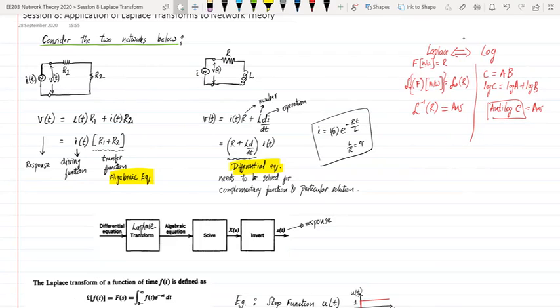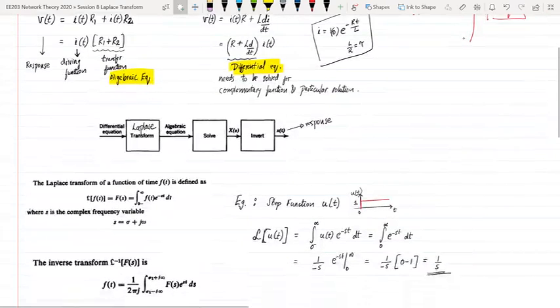In the case of the Laplace transform, I apply the Laplace transform to the forcing function in the network. And any operation you apply on the LHS has to be applied on the RHS. So I apply the Laplace to the LHS and to the RHS. And using the Laplace transform, I easily solve the problem. And then I find the Laplace inverse of the RHS and get back the answer. Okay. So that's the basic philosophy over here.